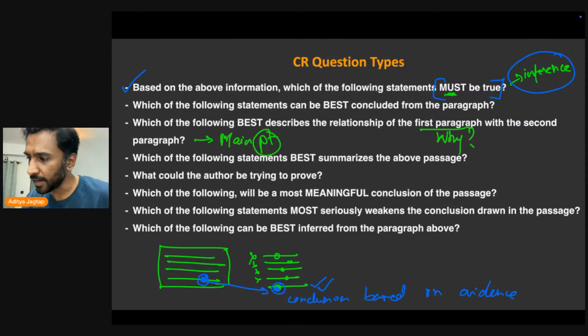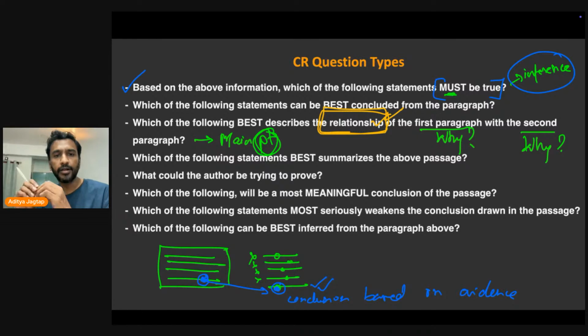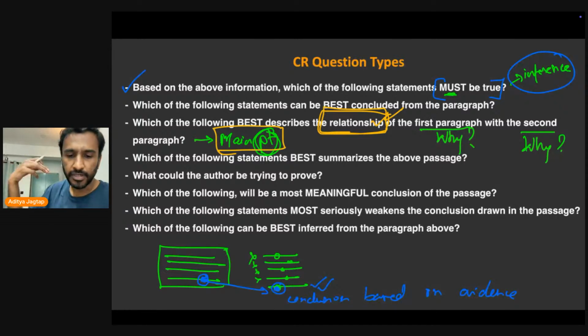The same thing with the second paragraph. Why was the second paragraph given to you? You again know the point that the author wanted to specifically get across to you. Then if you notice the relationship between the first paragraph and the second paragraph, that relationship is predominantly trying to show us some specific point that the author is trying to get across. For example, the first paragraph could be some example. A study has shown that taking some kind of medicine leads to some outcome.